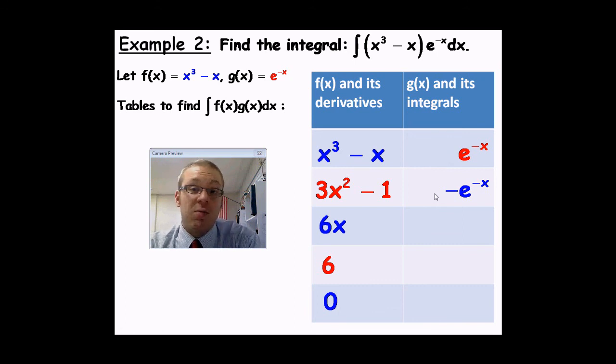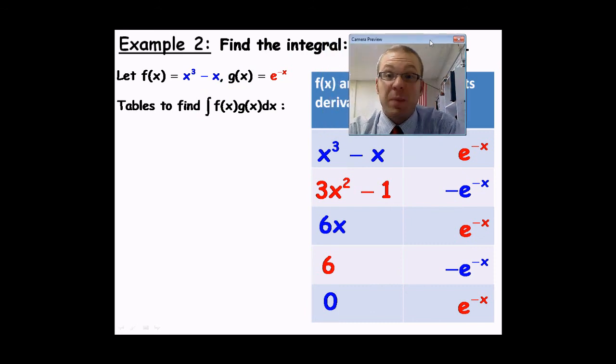Once you believe that, keep going up, take the next integral, e to the negative x, take the integral of that, negative e to the negative x, and then take your last integral here, e to the negative x. Okay, so you're going to see kind of a periodic pattern here. E to the negative x, then negative, then positive, then negative, then positive. That's a good thing. It's going to help us out.